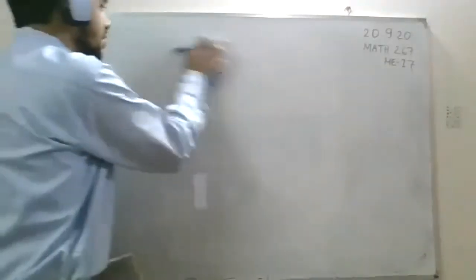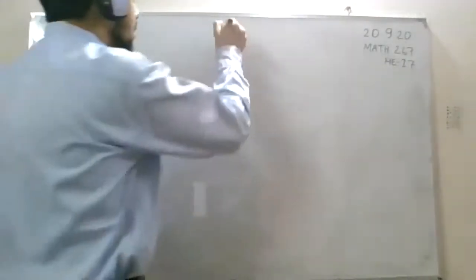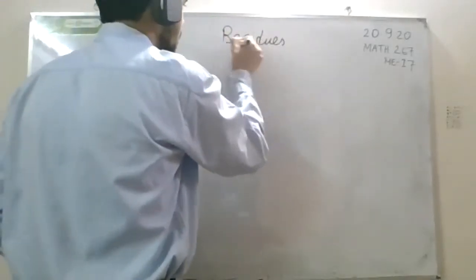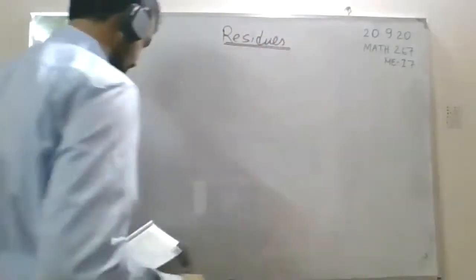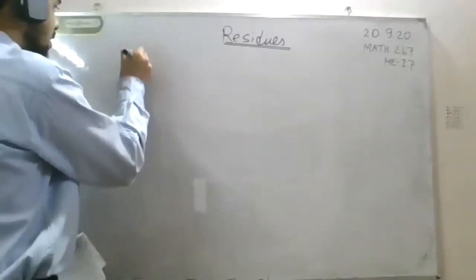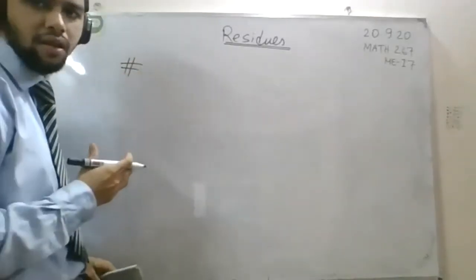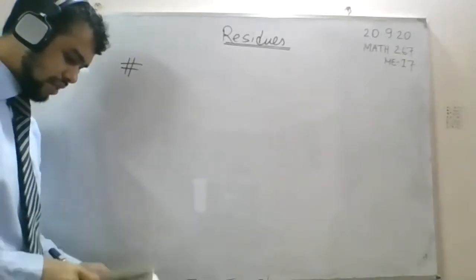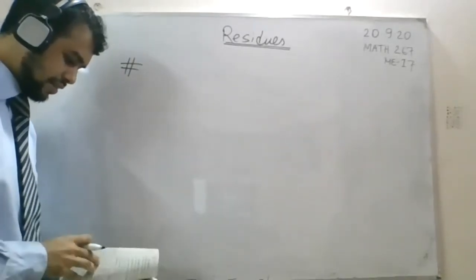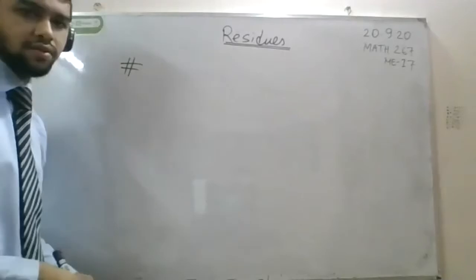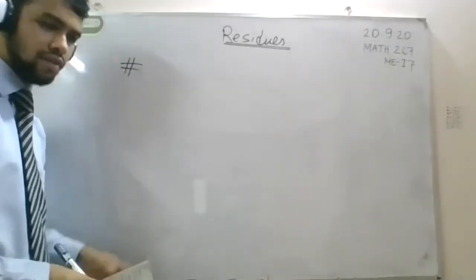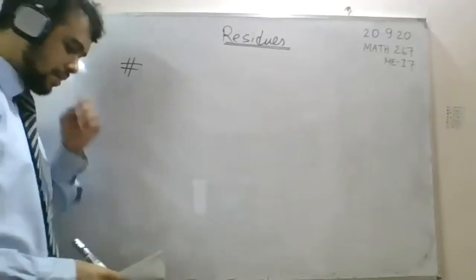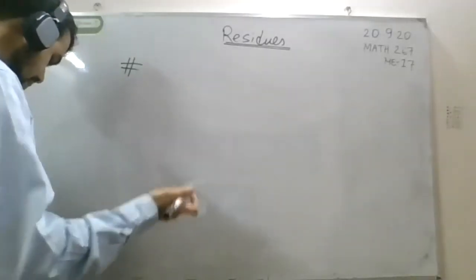Here, at first, I will give the statement of Taylor's theorem and also the Laurent theorem, and after that I will show you the definition of residues and how to find the residues of a function, step by step.